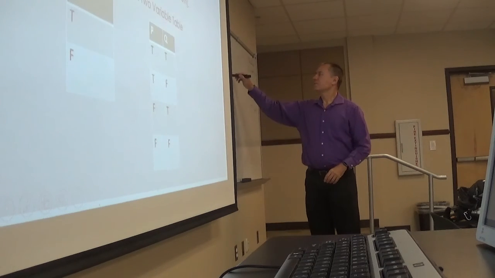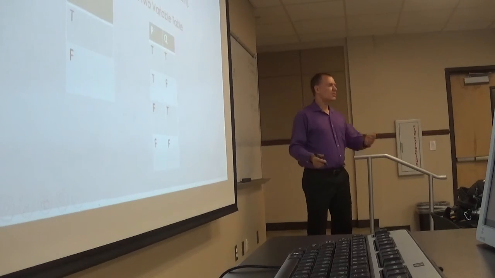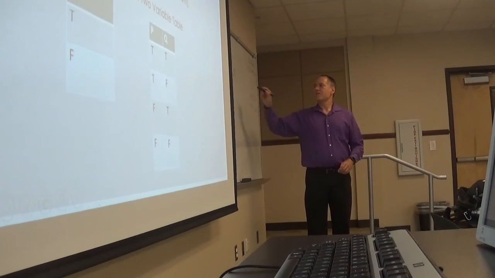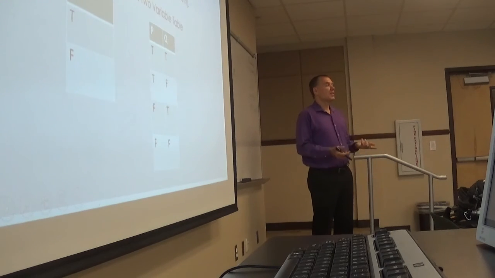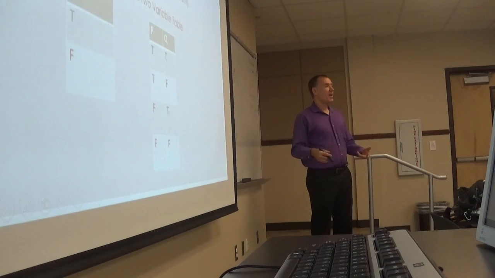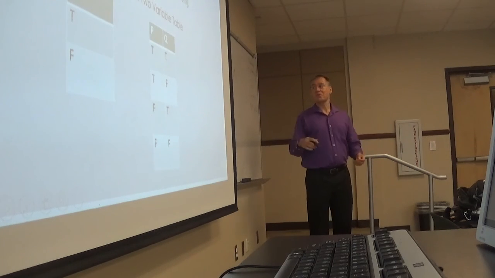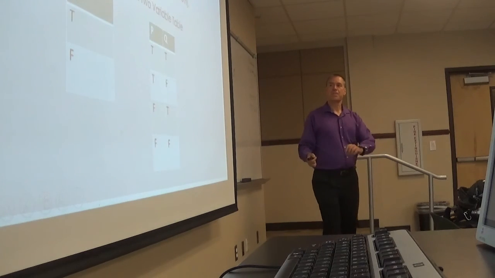Now, traditionally, philosophers use P, Q, and R, just because. And you could use any other letters. And if you really wanted to, you could use anything. So if you want to use little cartoon animals or a Pokemon or whatever, you could, as long as you were consistent. That is, these are just stand-ins for claims.